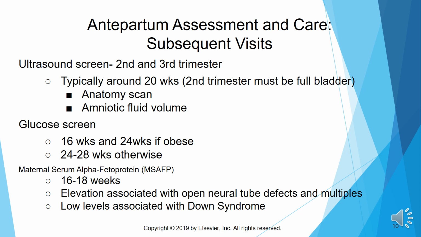It can be elevated in people who are having twins, so we would take that into account. And then also just an add-in that lower levels of MSAFP are associated with Down syndrome. So that's what we primarily use the test for, neural tube defects and detection of Down syndrome.